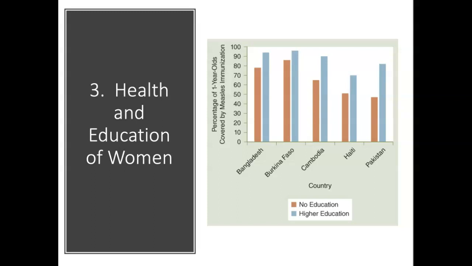For example, the higher the level of education of a mother in a low or middle income country, the more likely she will immunize her children. You can see this right here. In countries where there was no education, you can see that the immunization rates were lower as compared to higher education.